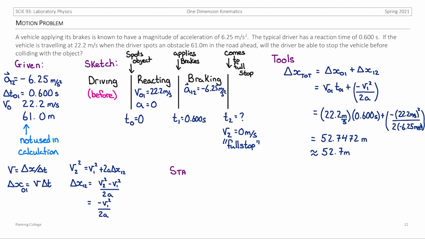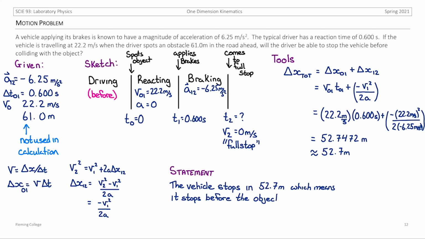So we have a result, 52.7 meters, but we have to move on to that final statement stage. Remember, we have to answer the question we were asked. We were asked, will the driver be able to stop the vehicle before colliding with the object? And our answer is the vehicle stops in 52.7 meters, which means it will stop before the object that's at 61.0 meters.